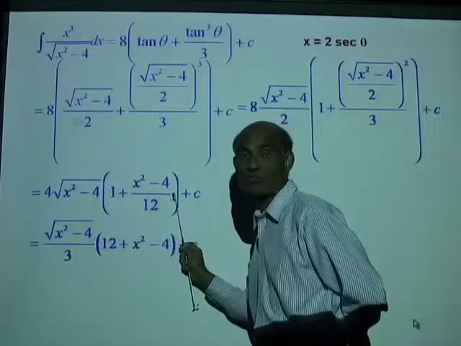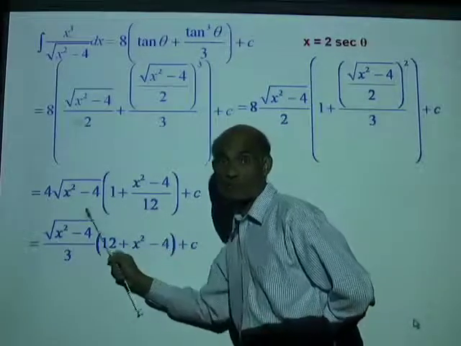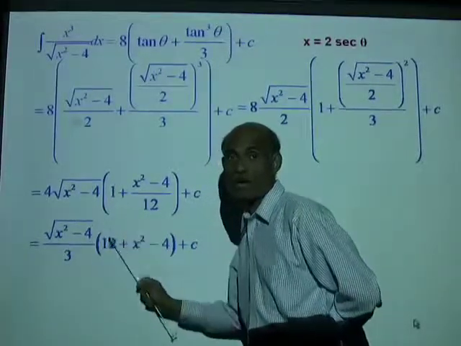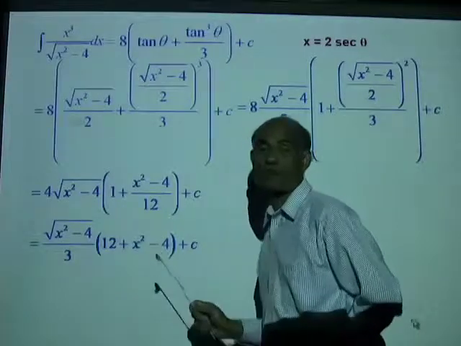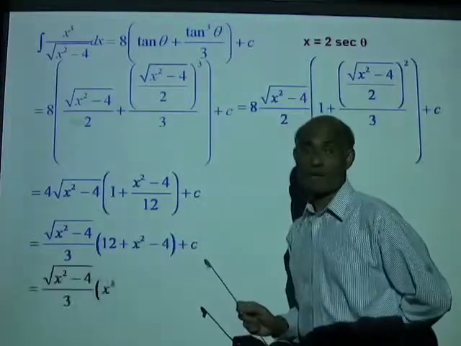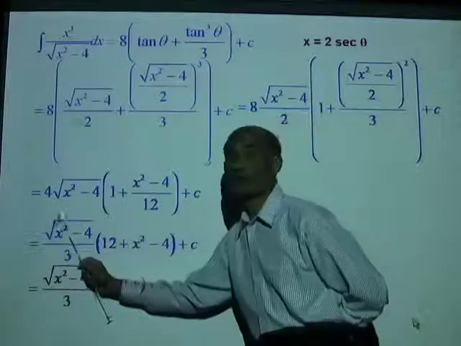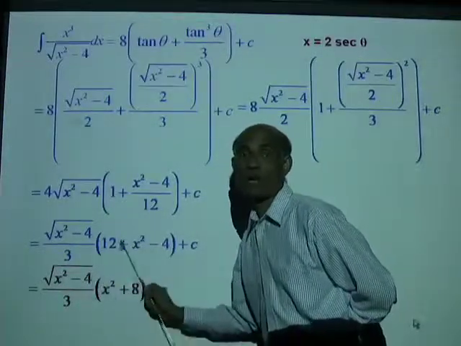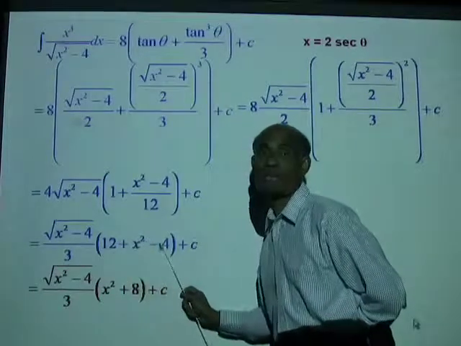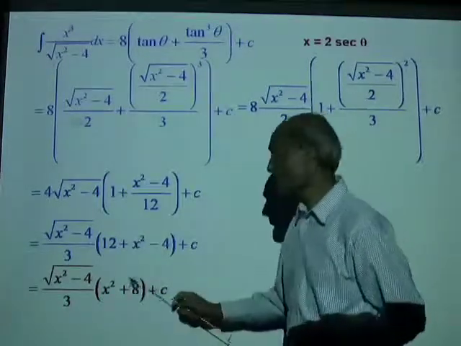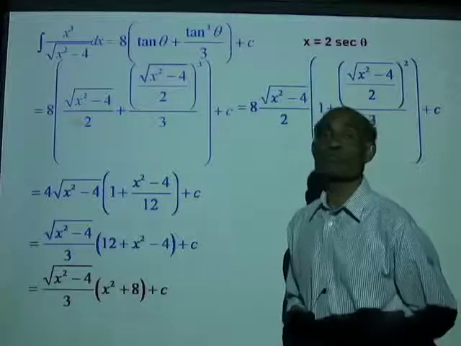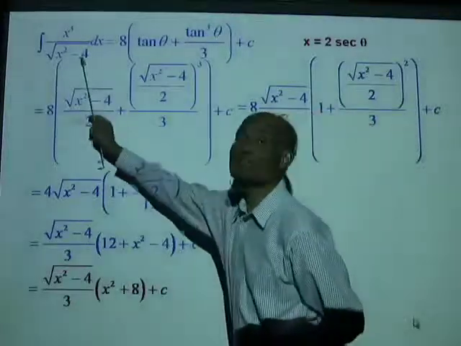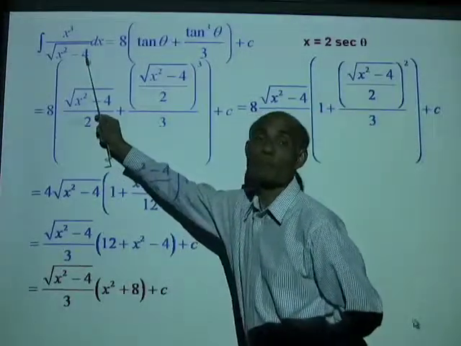And inside the parenthesis now, the 12 has actually come out. So it will be 12 plus x squared minus 4. And one more step, and that will be square root x squared minus 4 over 3 times x squared plus 8. 12 minus 4 is 8. And that is the result of integrating this quantity.